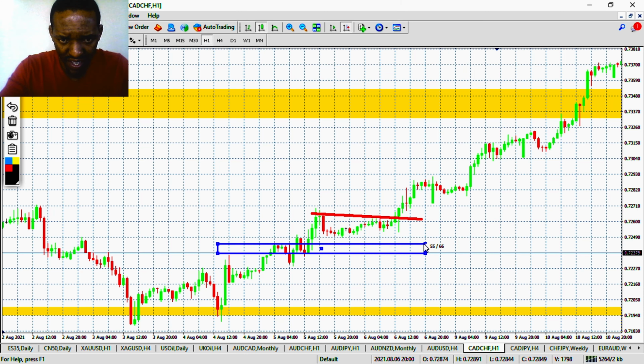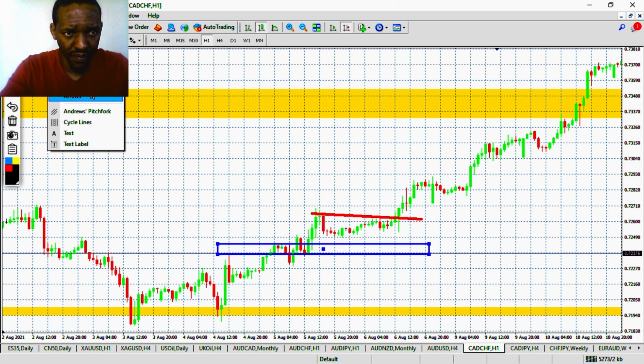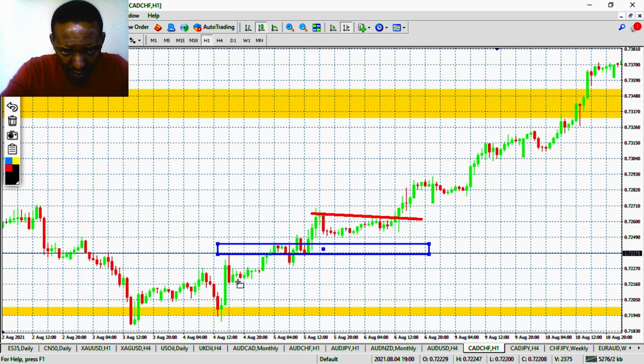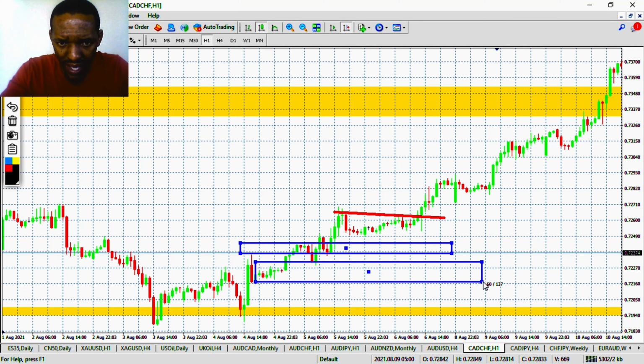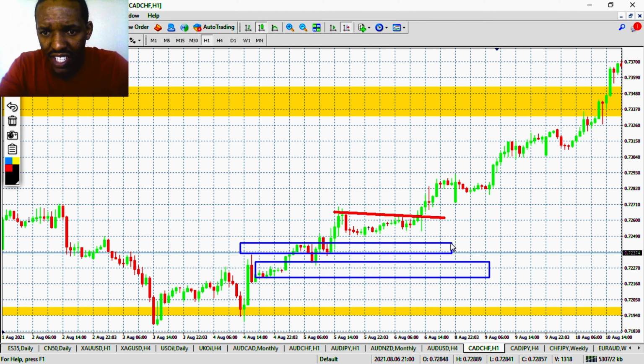So the price never reached that area right there, or this area right here. So the price never came here, guys. So this is what makes it a shallow pullback. So here we have a shallow pullback, guys. The price never reached that area.